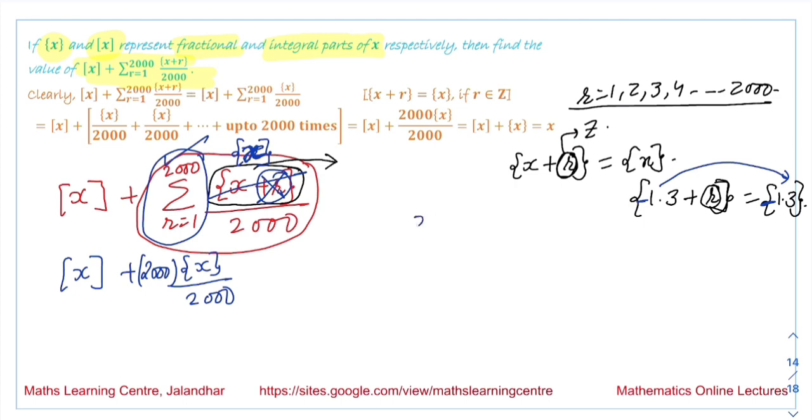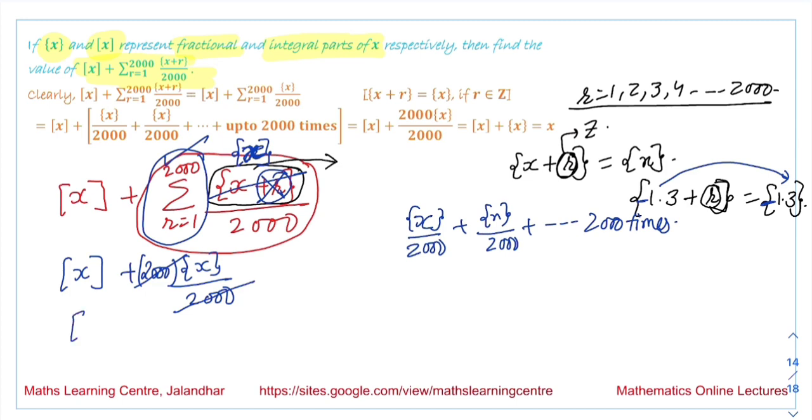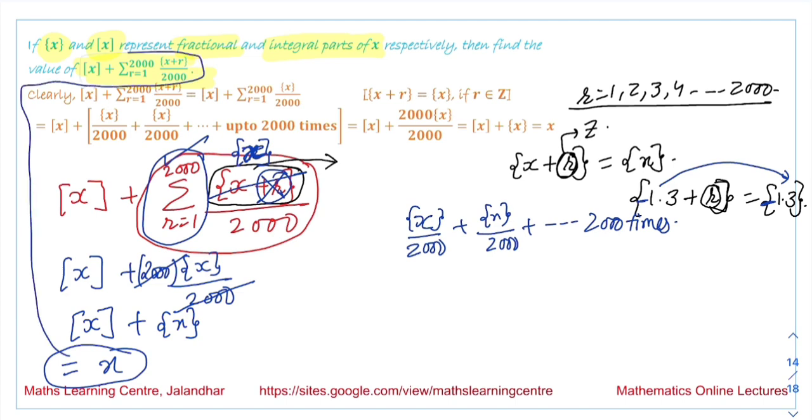It is just like adding x by 2000 terms, 2000 times. So we get 2000 into this over 2000, and the 2000 gets cancelled, so we are left with the greatest integer of x plus the fractional part of x, and that is equal to x. So the value of this term is equal to x.